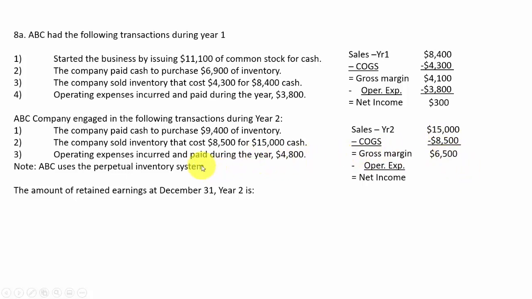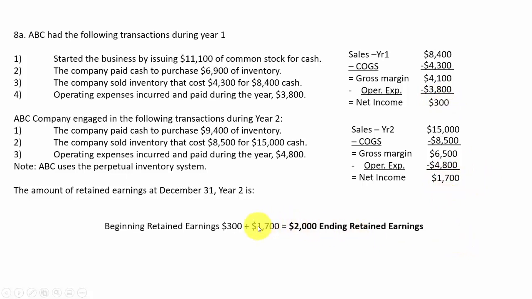Subtract off operating expenses in year 2, which were $4,800, and we get net income of $1,700. Now we had a beginning retained earnings balance in year 2 of $300. We're going to add income to that to get the ending retained earnings balance of $2,000. So $300 from year 1 plus $1,700 from year 2 gives us $2,000 total ending balance.